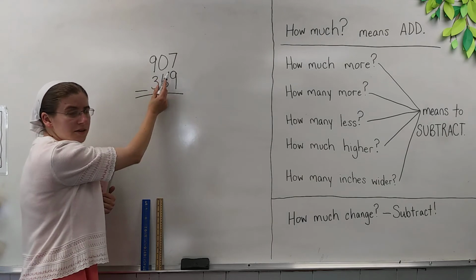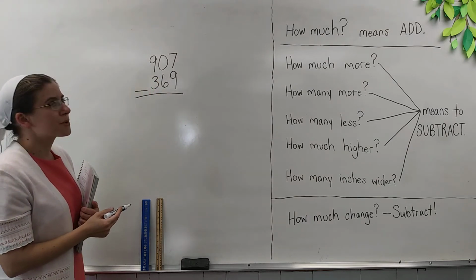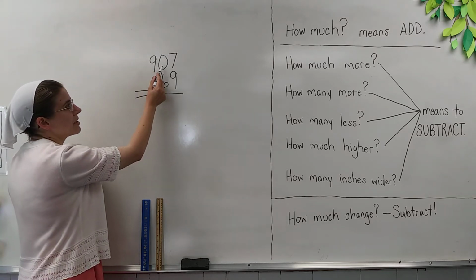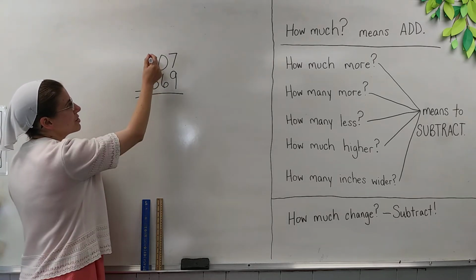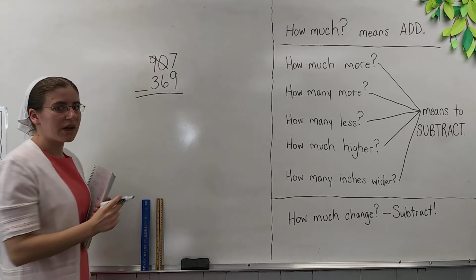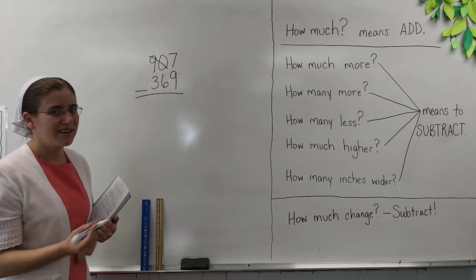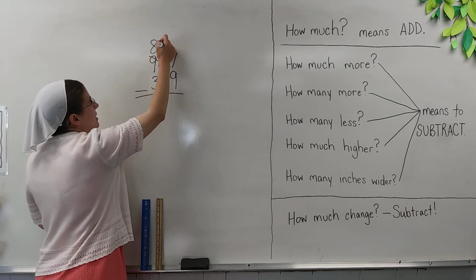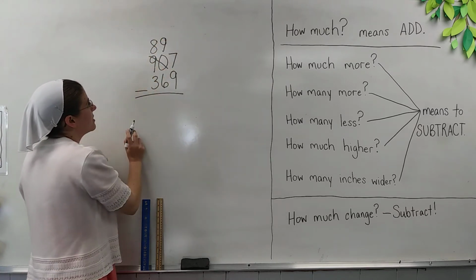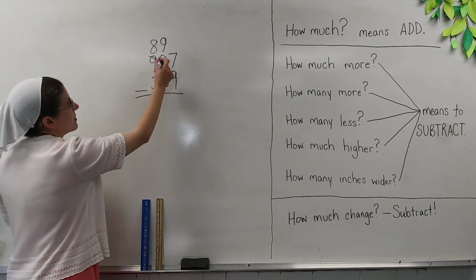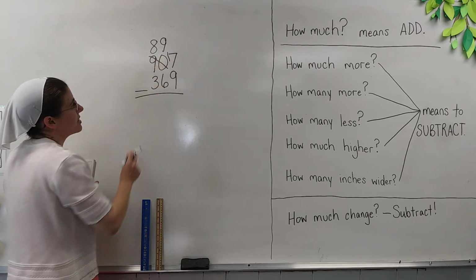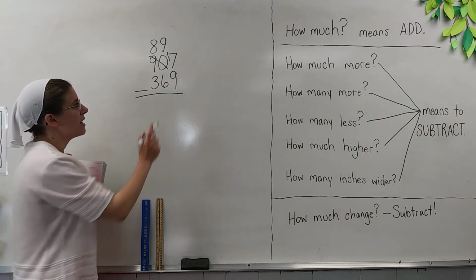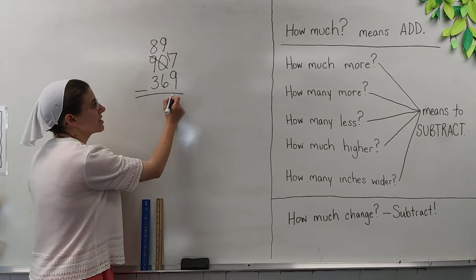There's nothing there. There's nothing to borrow from. So we're going to have to borrow from the tens and the hundreds. So we're going to borrow from 90, okay? So cross out 90. What is 1 less than 90? 89. So we go 89. Okay? Now, we also give a 1 to the 7. It becomes a 17. 17 minus 9 equals 8.